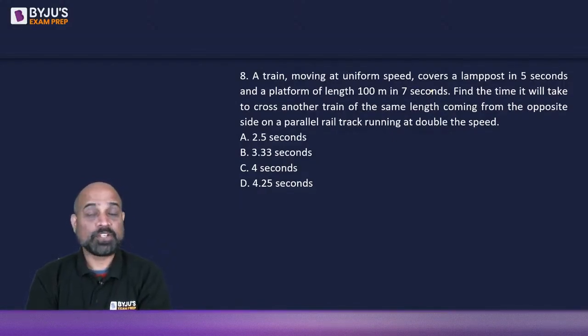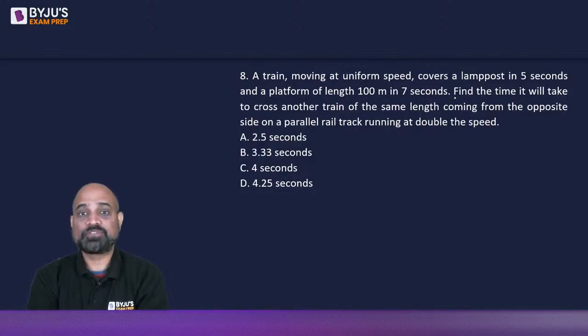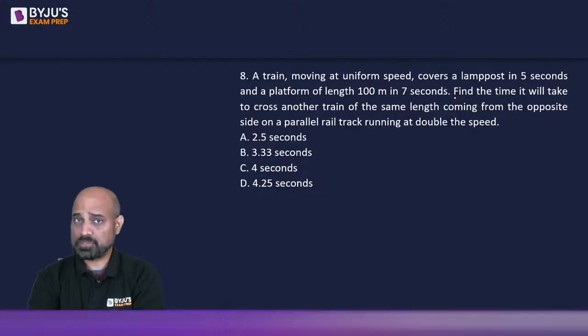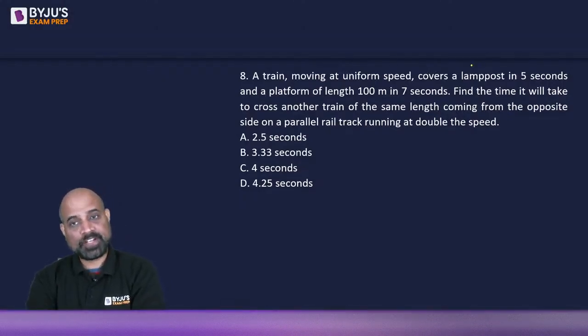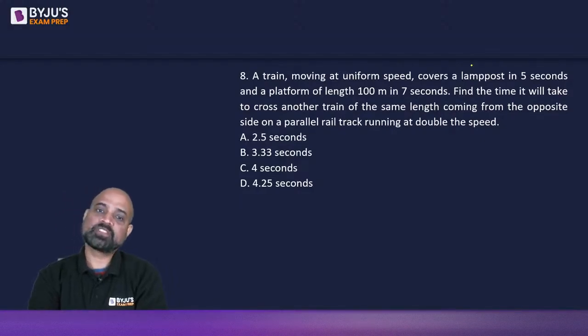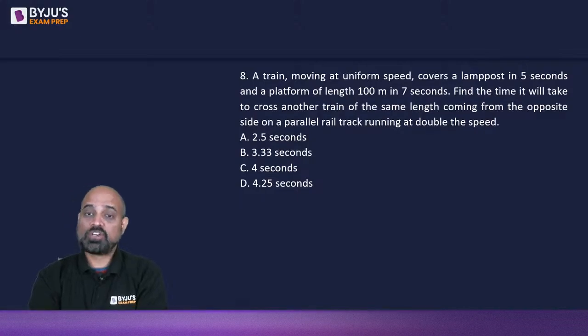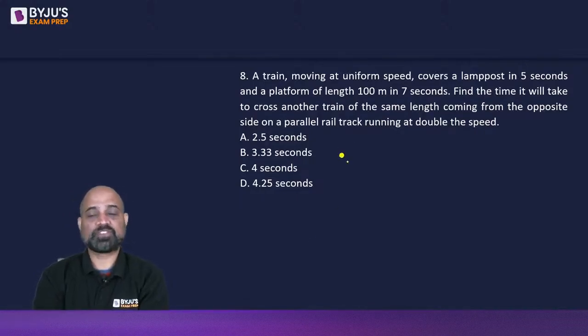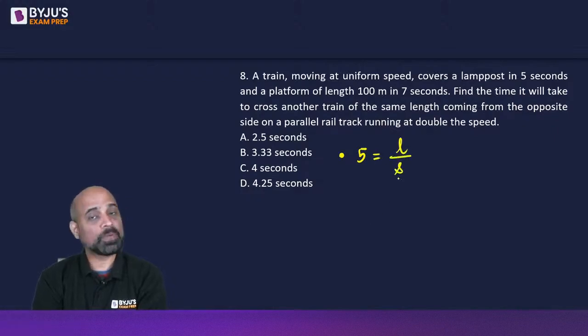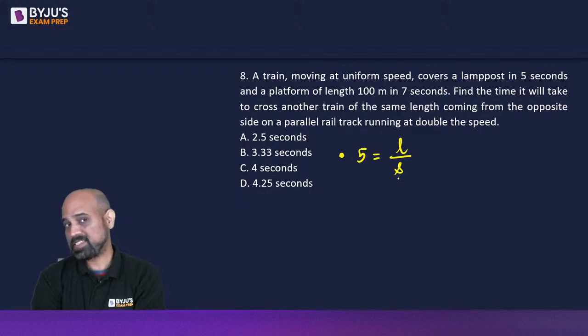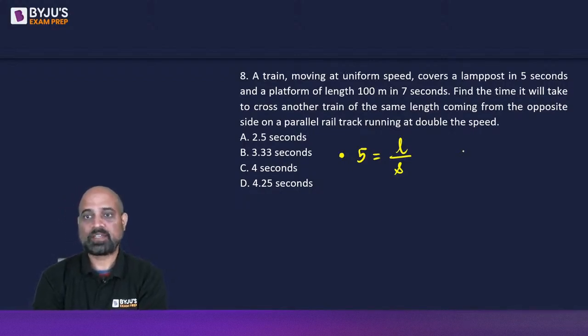A train moving at uniform speed covers a lamppost in 5 seconds and a platform of length 100 meters in 7 seconds. So a TSD question. Find the time it will take to cross another train of the same length coming from the opposite side on a parallel rail track running at double the speed. The first thing given to us is that in 5 seconds the train can cover its own length at its own speed, where L is the length of the train and S is the speed of the train.